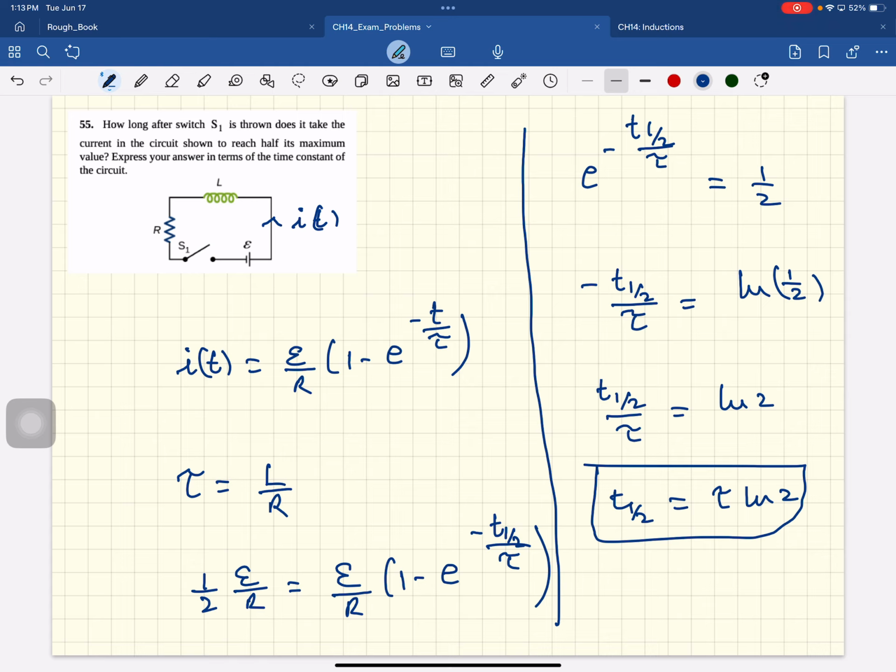Yeah, so at that time, after 70% of the time constant, it's risen to half its maximum value.